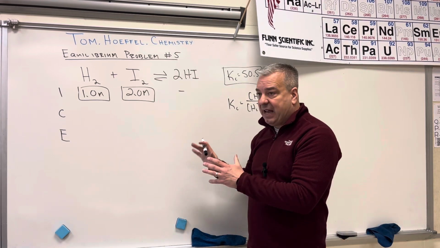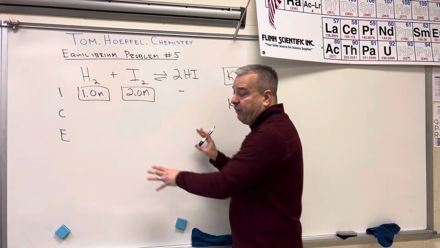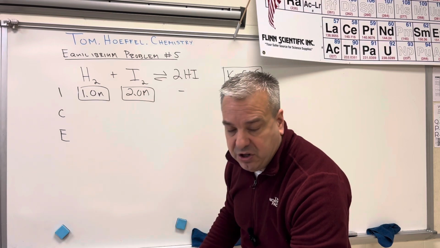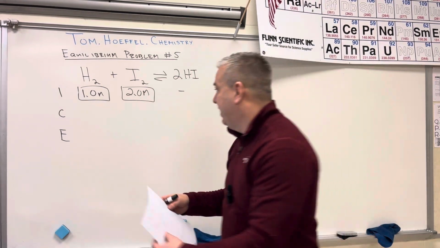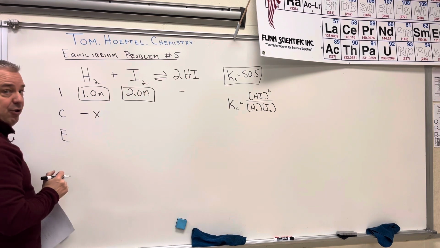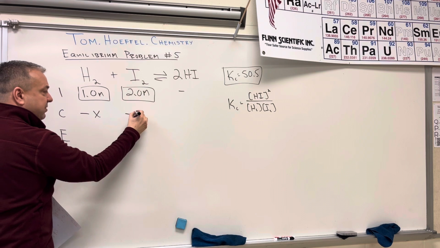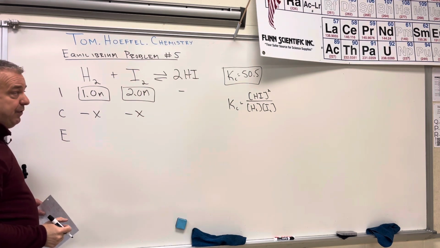Well, we don't know exactly how much it's going to shift because we don't have any other numerical values up here. So what we're going to do is use some x's. We'll say, hey, H2, you're going to go down by a value of x. And this is a 1-to-1 ratio, so I2 also is going to go down a value of x.